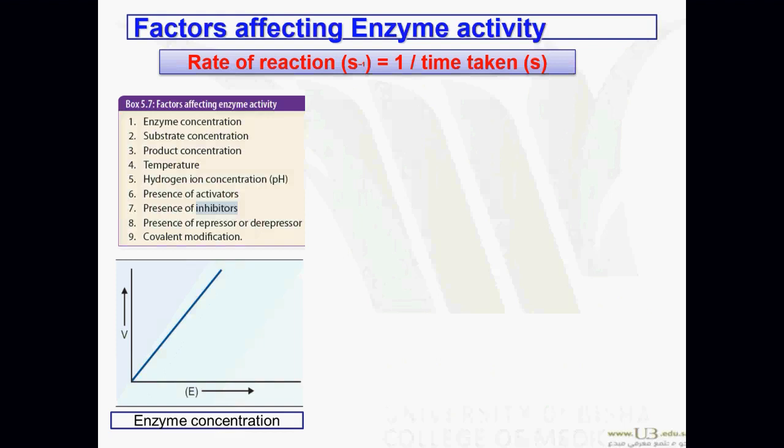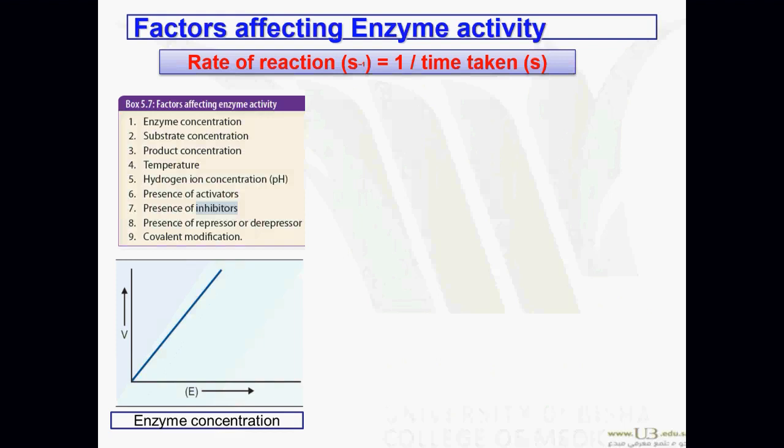In other words, if we keep a specific amount of the substrate constant, let's say 10 millimoles of glucose, and we add the hexokinase in different concentrations, starting for example with 1 millimole, 5 millimole, 10 millimole, 15 millimole, and 20 millimole, we'll find the rate of the reaction will increase by increasing the concentration of the enzyme, where we put the substrate as constant.